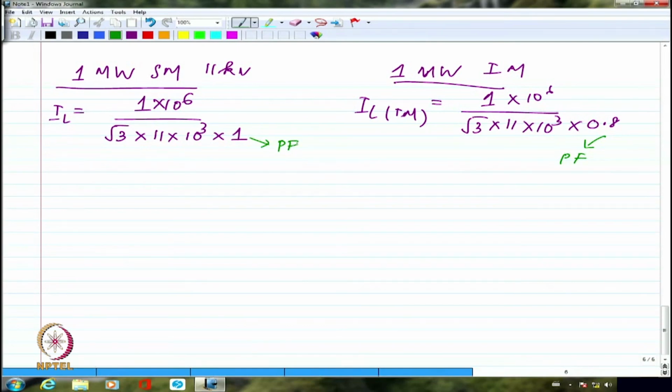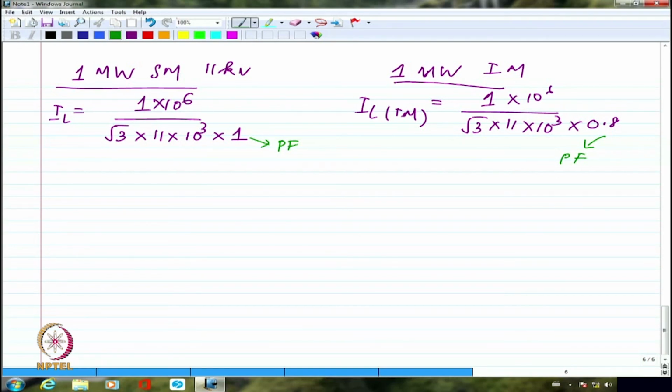Please note, very clearly, the induction machine is going to draw a higher current as compared to the synchronous machine. So whenever I employ a synchronous machine of the same rating, I can put conductors which are thinner as compared to the induction machine case.